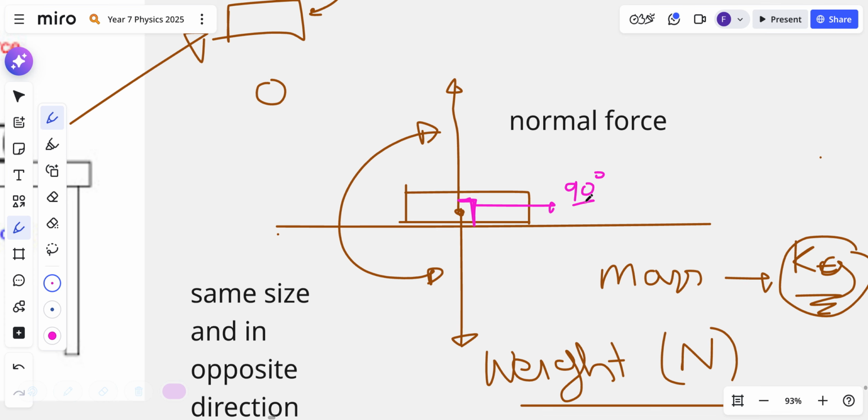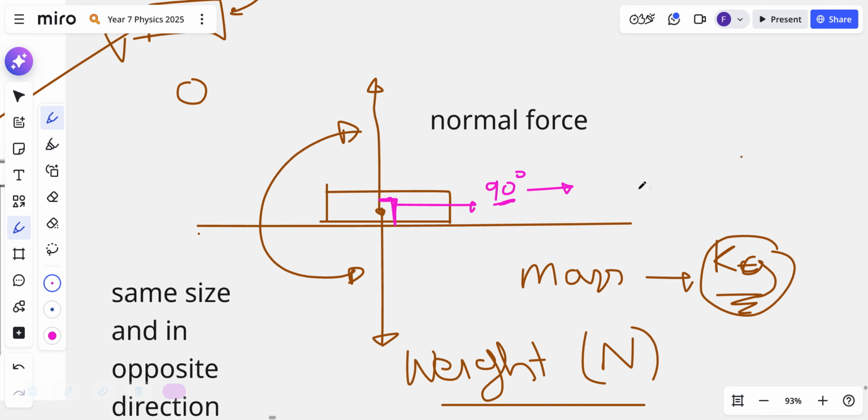There's a really horrible word that we use in maths especially. It is perpendicular. Again, I don't care if you remember this, I don't care if you can spell it, I don't care if you use it. It's just me getting you used to the language of science. So it's 90 degrees. Your contact force is always 90 degrees, not to the earth, to the surface. In this case, it's a table.